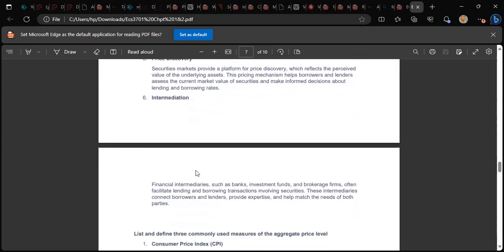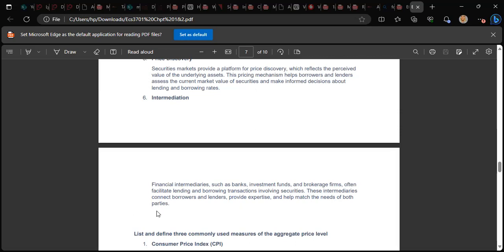Intermediation: financial intermediaries such as banks, investment funds, and brokerage firms often facilitate lending and borrowing transactions involving securities. These intermediaries connect borrowers and lenders, provide expertise, and help meet the needs of both parties. Remember, I was talking about how there's a group of people that design these securities to meet specific needs for different parties.